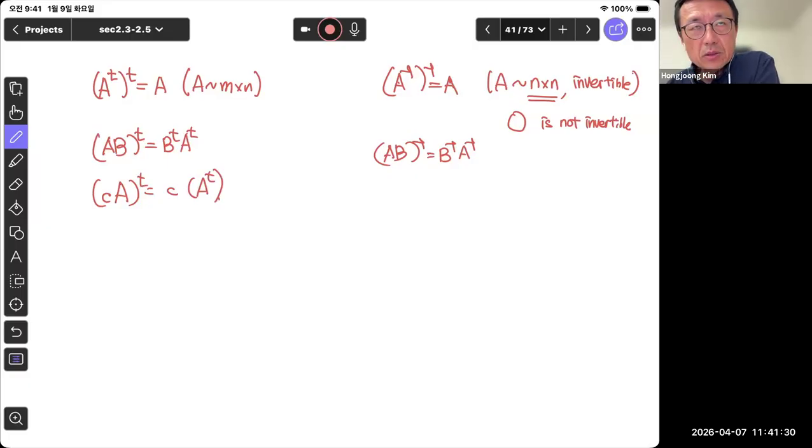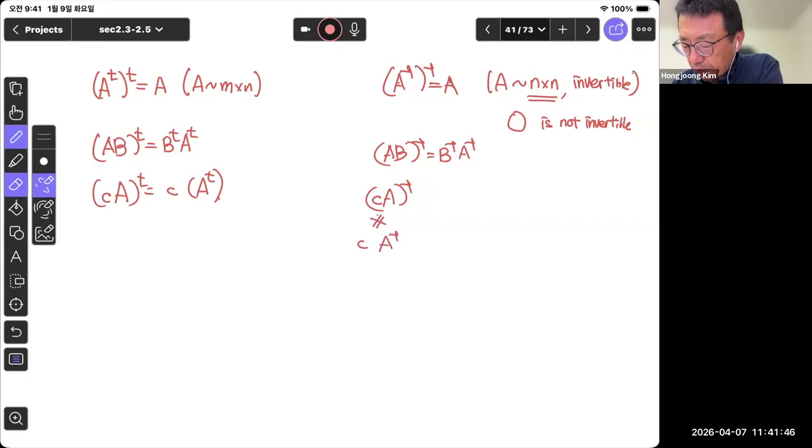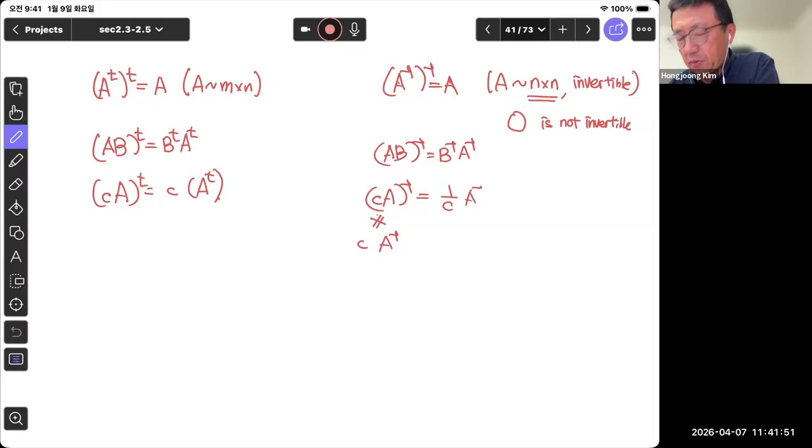Even when A is invertible, the inverse of this is not C times A inverse, but 1 over C times A inverse. So in order for 1 over C to have a meaning, this C cannot be 0.